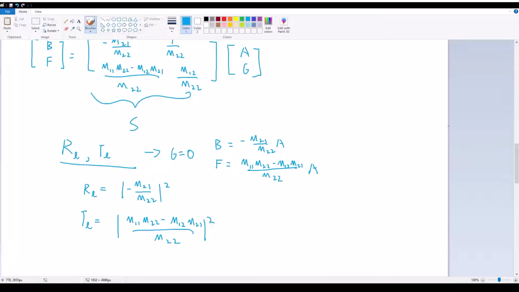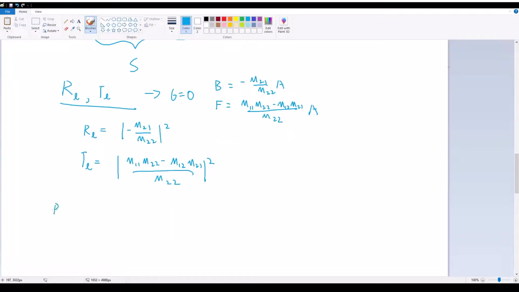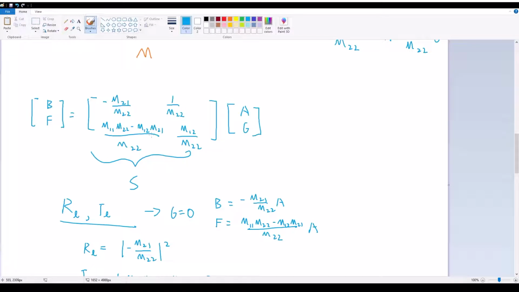Similarly, if we have reflection from the right and transmission from the right, this means that A is now equal to 0. So we have the opposite case, where now it's this term and this term that matter.